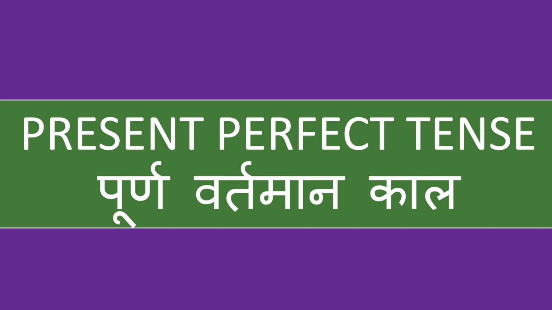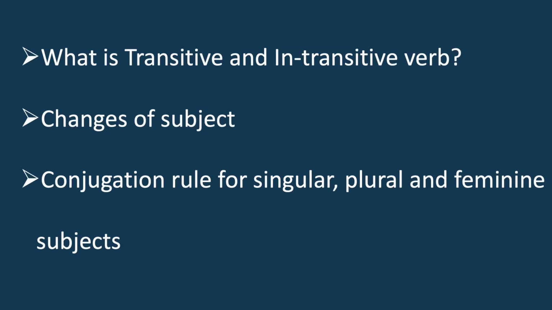Today's lesson is on present perfect tense, which means Purna Vartaman Kal. We should know what is transitive and intransitive verb, how the subject changes, and the conjugation rule for singular, plural, and feminine subject. I will explain each topic in details.